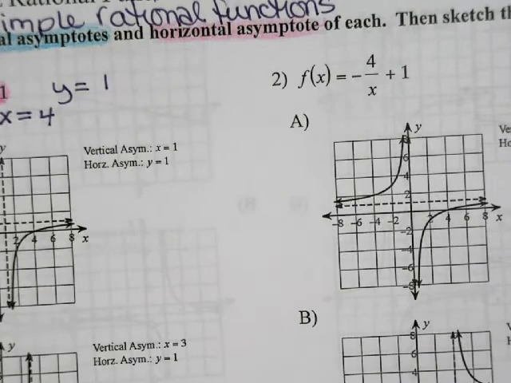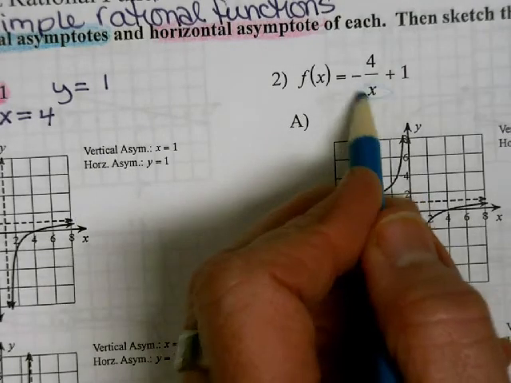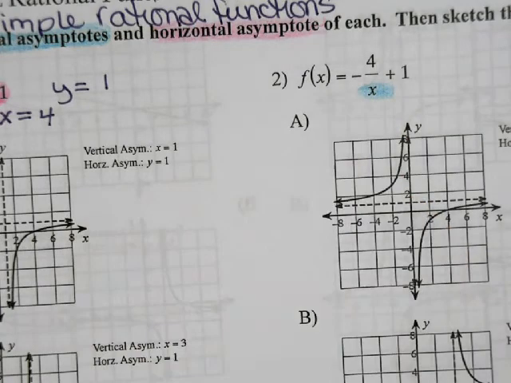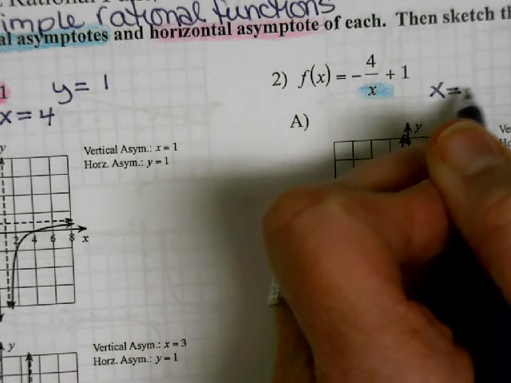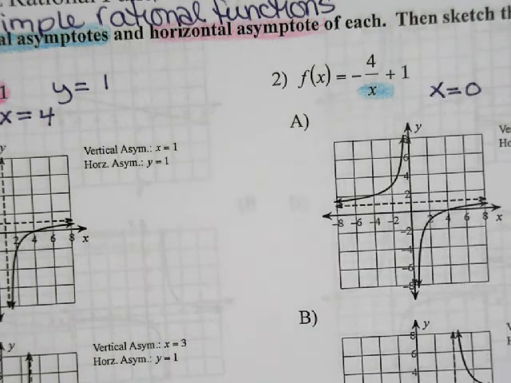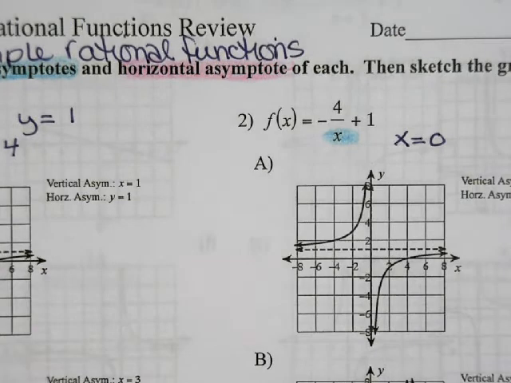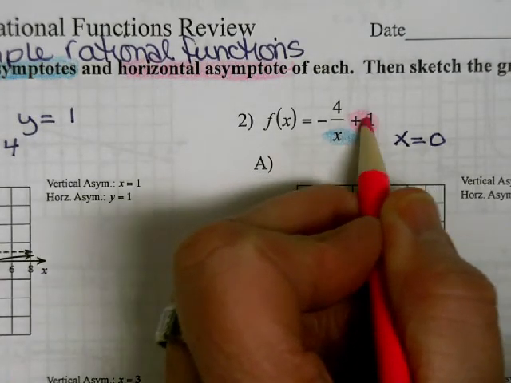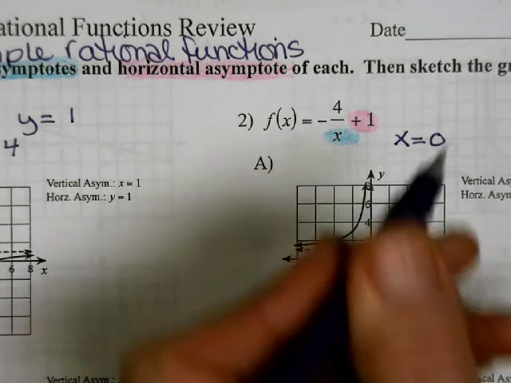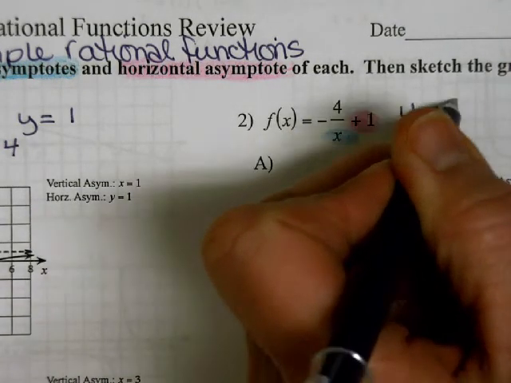So let's do it. Number 2, that's a good one, because there's nothing being added to x, so what's going to make the denominator 0 is 0. The k value, which is normal, y is 1.